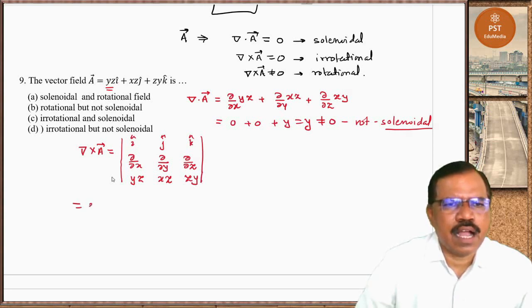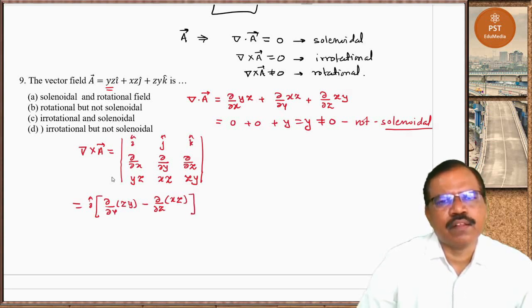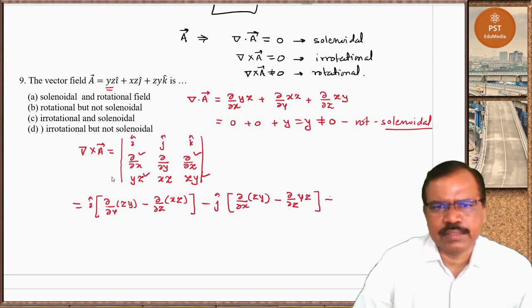We find i multiplied by ∂/∂y of zy minus ∂/∂z of xz, minus j times ∂/∂x of zy minus ∂/∂z of yz, plus k.